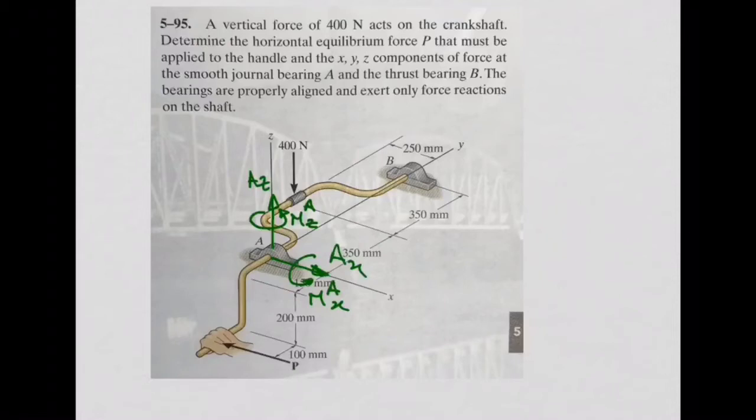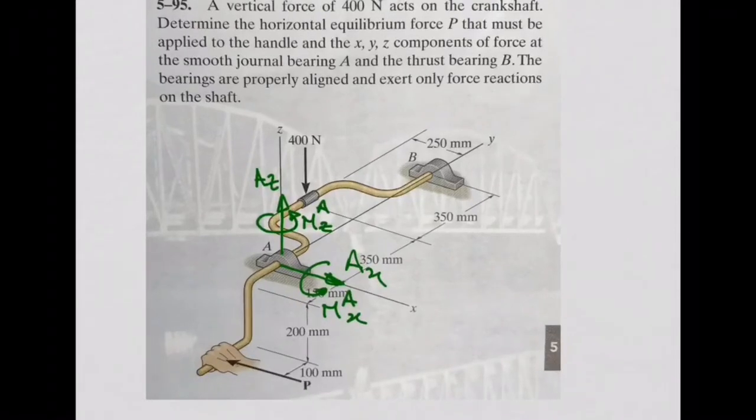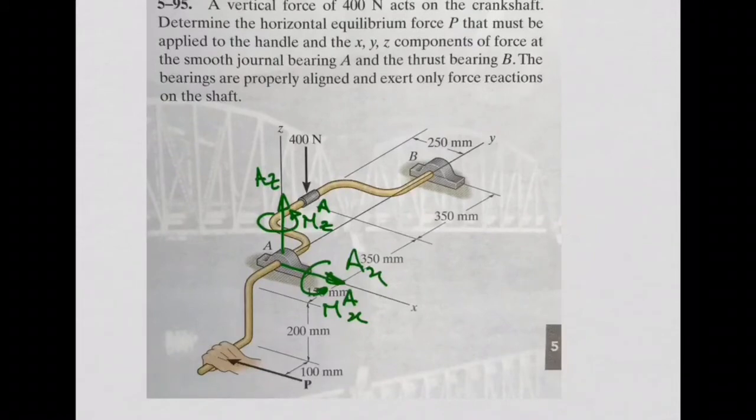Now, for support B, you will have something like this. BZ, BX, and now you will have a BY. This is a thrust bearing, okay?